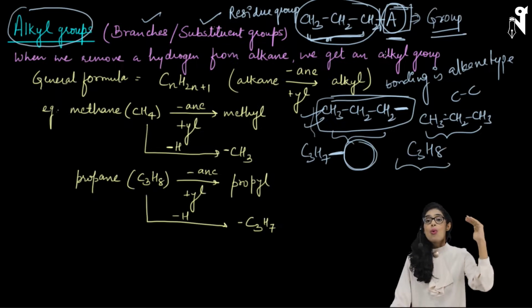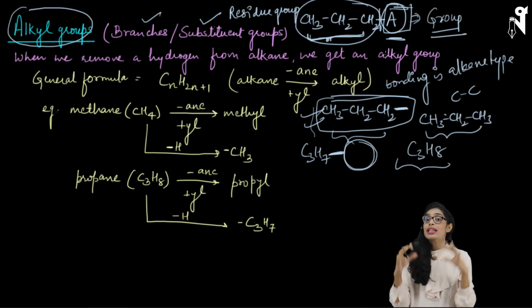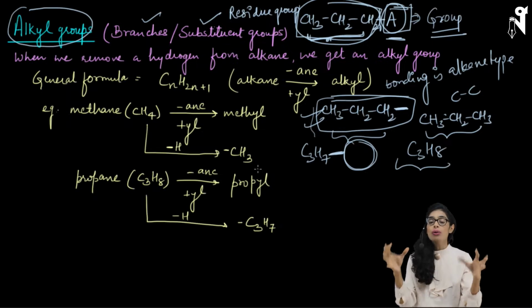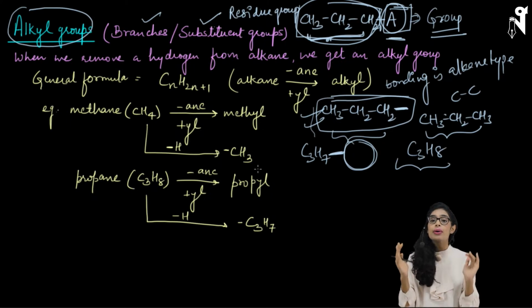One valency is satisfied by some group apart from hydrogen, and when that happens, this part of the chain is called an alkyl group. When you count the carbons and hydrogens here, the number of carbons will be the same as in the alkane, but the number of hydrogens will be one less than the actual hydrogens.